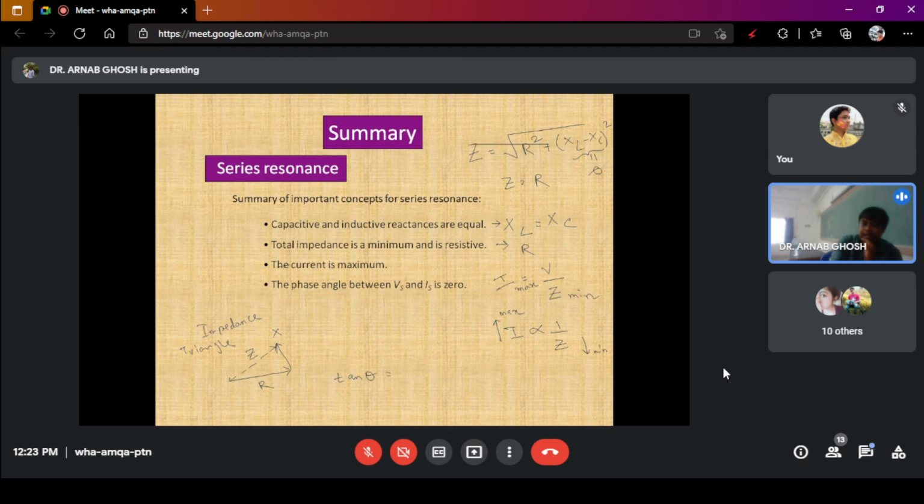Tan theta was equal to X by R, that is, the phase angle was equal to tan inverse of X by R. Now this X is equal to 0, so theta is 0. So the phase angle is equal to 0.